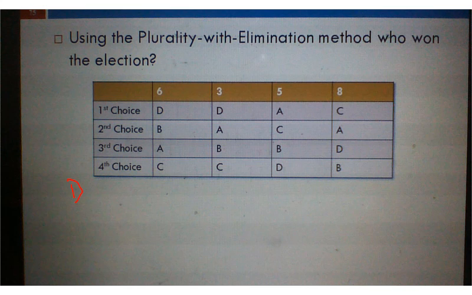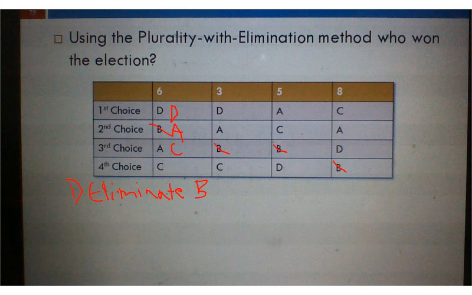So we're going to have to eliminate someone. And it looks like we'll be eliminating B because candidate B has no first place votes. So let's get rid of candidate B. Okay, and now everybody below B is going to move up, and I'm actually going to just rewrite all the columns out to make this a little more clear.